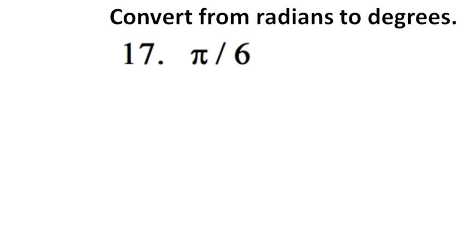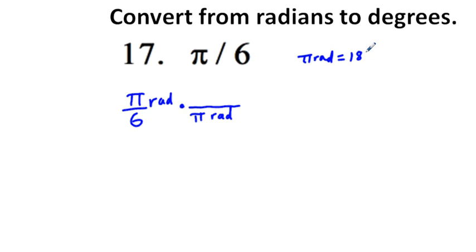So I'm going to start out by putting pi over 6 radians, and to convert those radians to degrees we have to put pi radians down in the denominator. And looking back earlier, remember we have our identity, pi radians equals 180 degrees. So we put 180 degrees up top here.